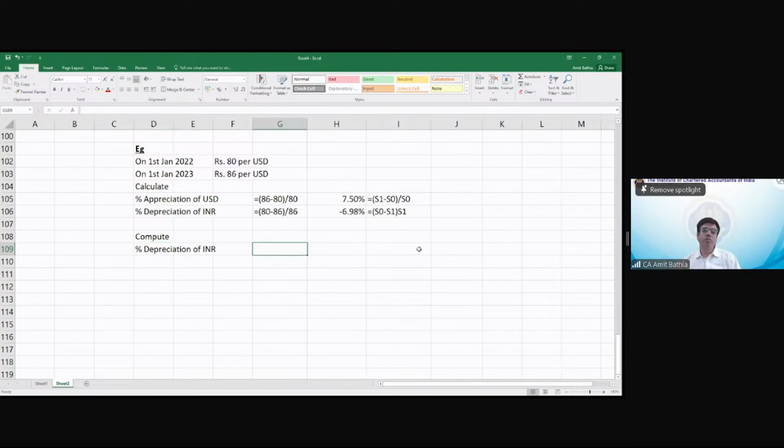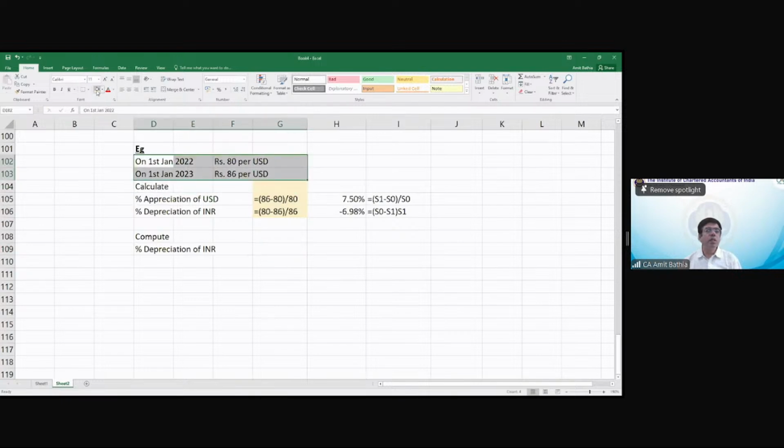How will you do that? You are not given the values of 80, 86, etc. You are directly given in the question. So this is not available to you.